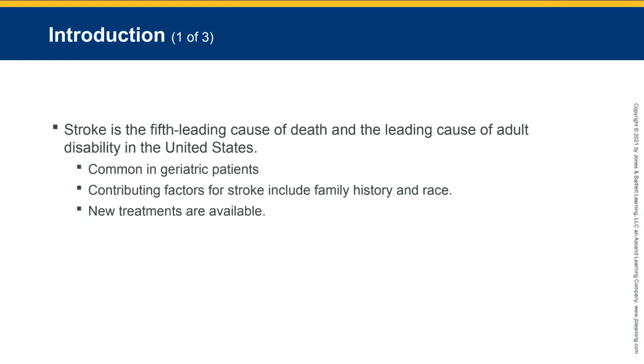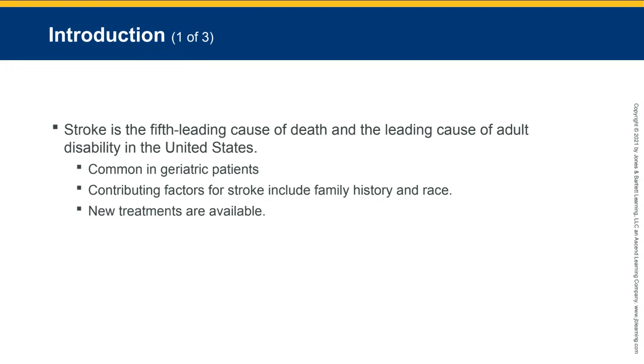Introduction. Stroke is the 5th leading cause of death and the leading cause of adult disability in the United States. The statistics might closely mirror what is occurring in the US. So the statistics in Jamaica might be close. It's common in geriatric patients.